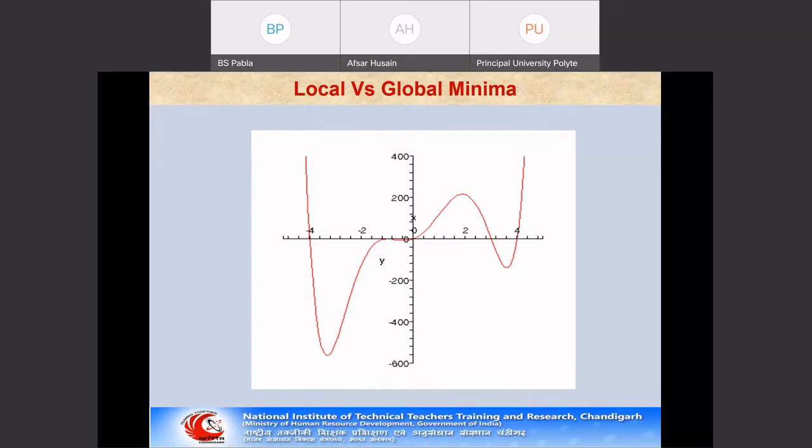But if you see on the graph, this is not the minimum value. Where is the minimum value? Minimum value is this. Although if I have to operate between 2 and 4, this is the minimum value. But when I am operating between -4 and 4, this is the minimum value.